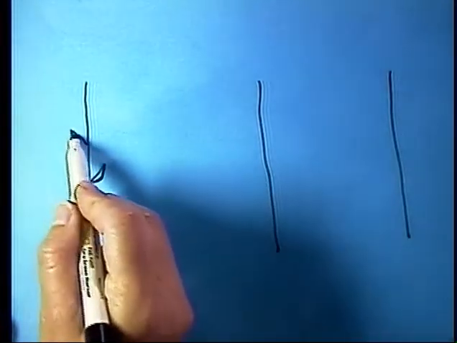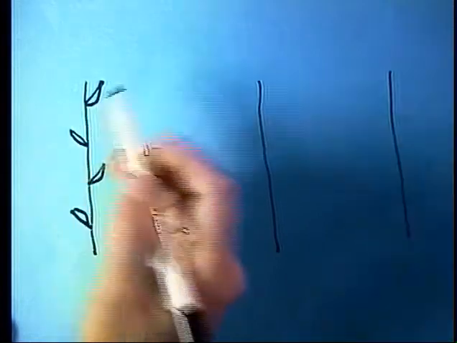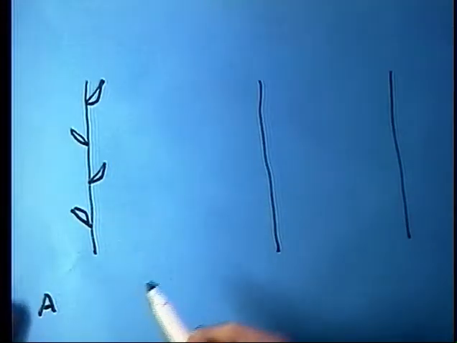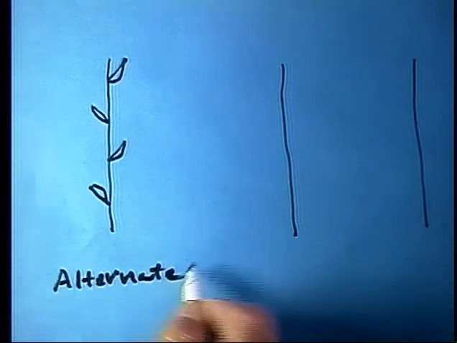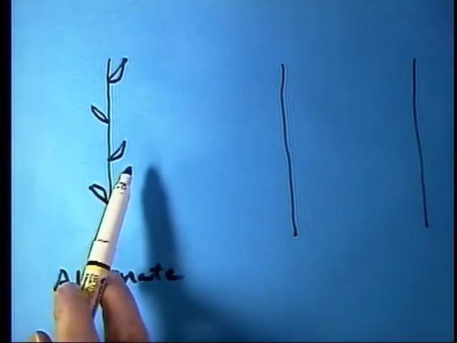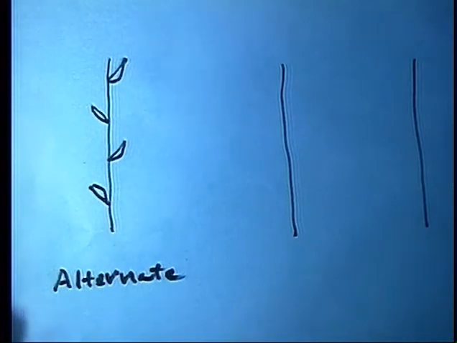Remember, a node is a place on the stem where the leaves can come off. This is called an alternate leaf arrangement. You can remember: leaf alternate, one side, then the other side, then the other side. Generally, an alternate leaf arrangement is the result when you have only one leaf per node.